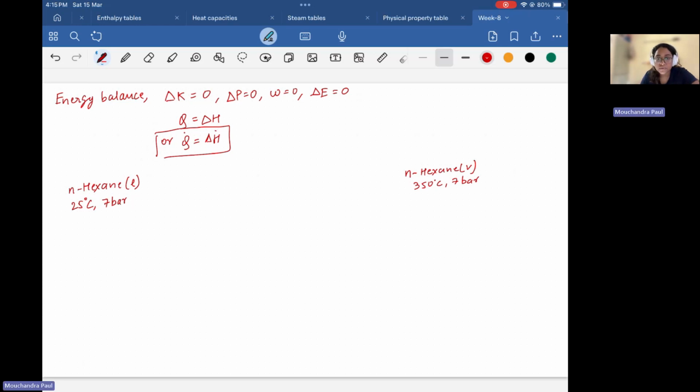Now the initial material, liquid n-hexane, has to go to some state which is at a higher temperature than 25 degrees Celsius, and then it will convert to vapor phase.